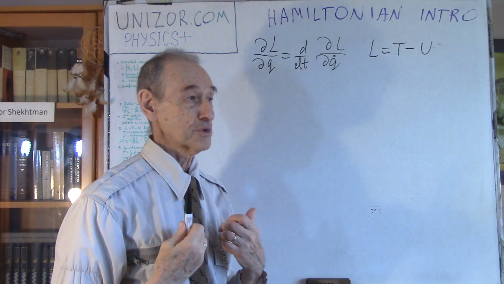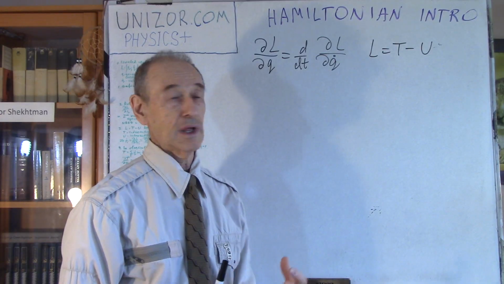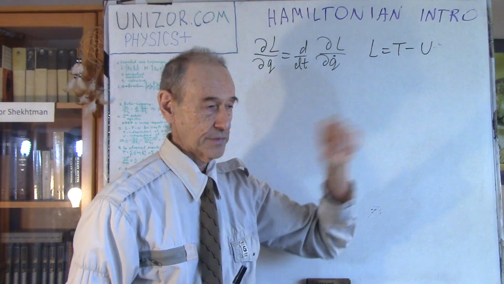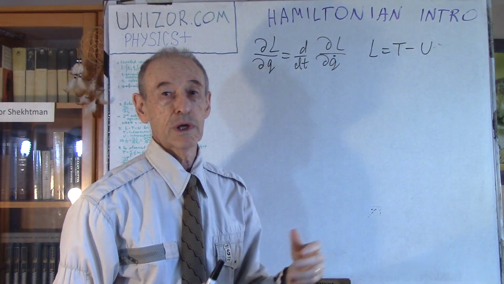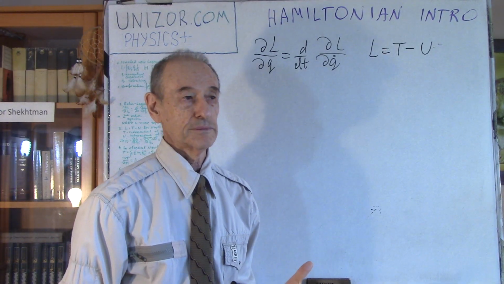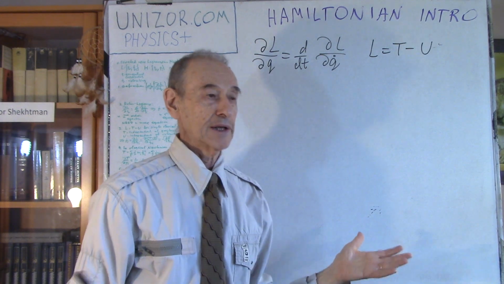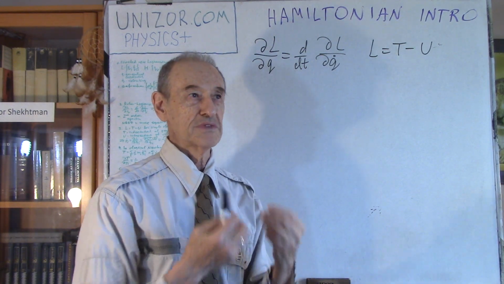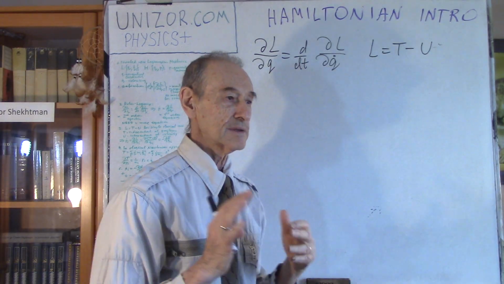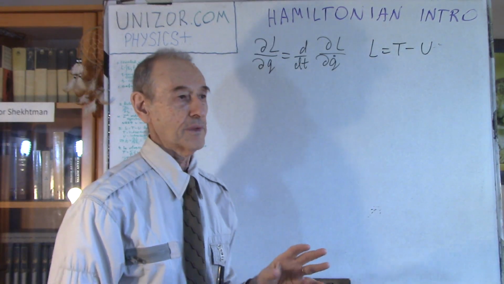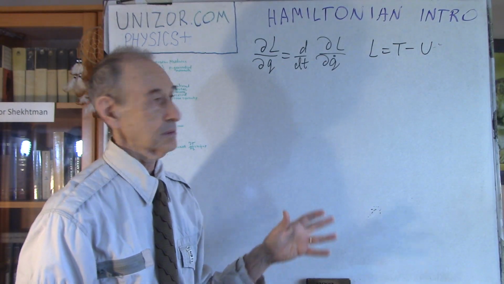Well, to tell you the truth, I feel very uncomfortable interpreting T minus U from the physical standpoint. I don't know basically what physical sense is in this difference. So it feels uncomfortable.